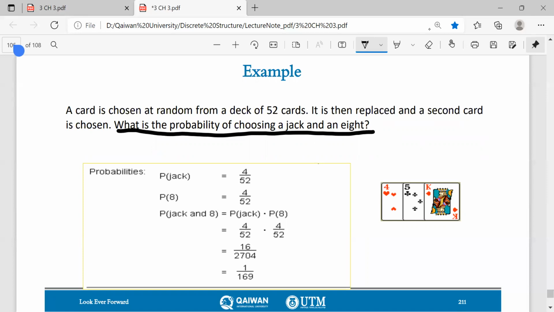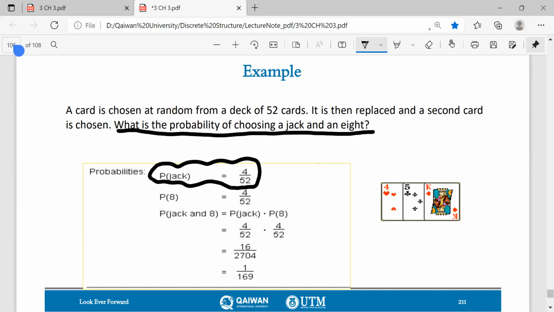The first time is a jack and the second time is an 8. Look, the probability of a jack is 4 over 52, since the total number of cards is 52, and in this deck we have 4 of each kind: 4 aces, 4 kings, 4 jacks, and so on.